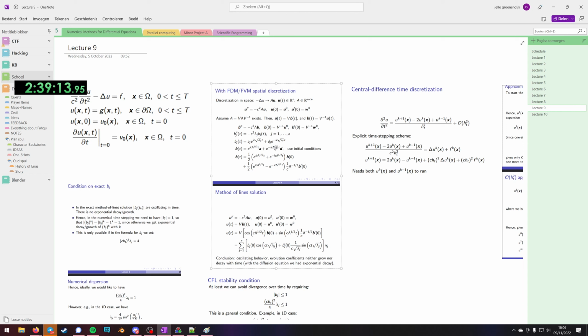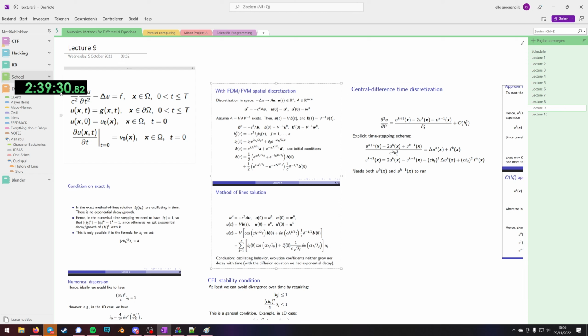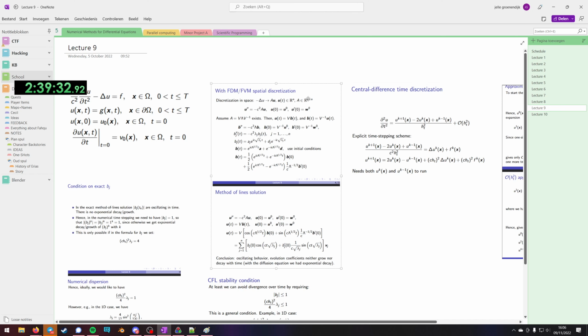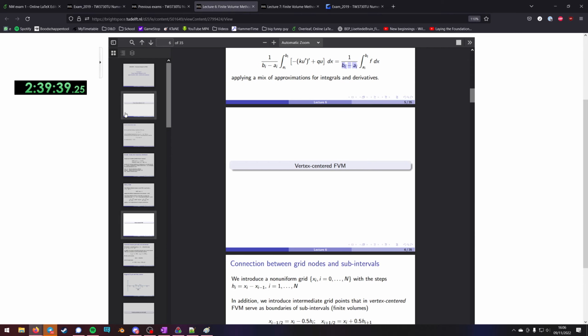I feel like this might have been explained more thoroughly in 2019. Honestly, I'm planning on skipping this just for the sake of time. If you keep going down in the slides, I think there is a method of lines for the diffusion equation.